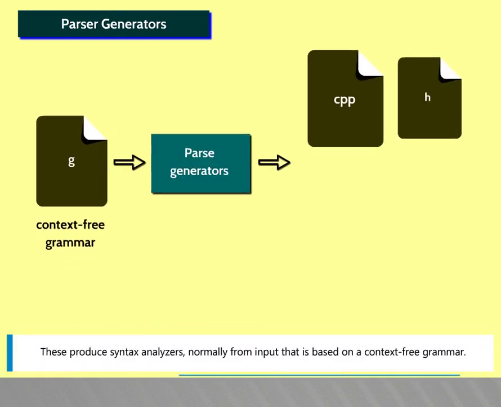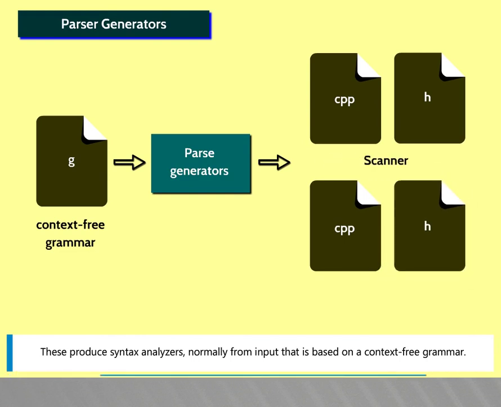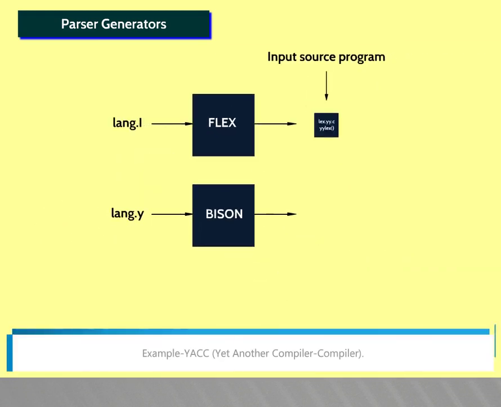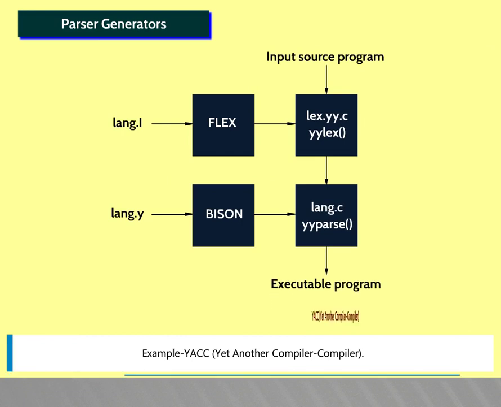Parser generators. These produce syntax analyzers, normally from input that is based on a context-free grammar. Example: YACC, that is yet another compiler compiler. Scanner generators.